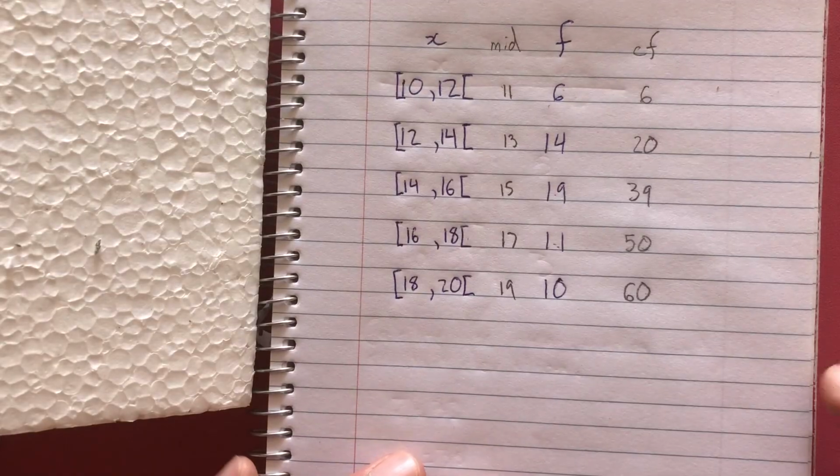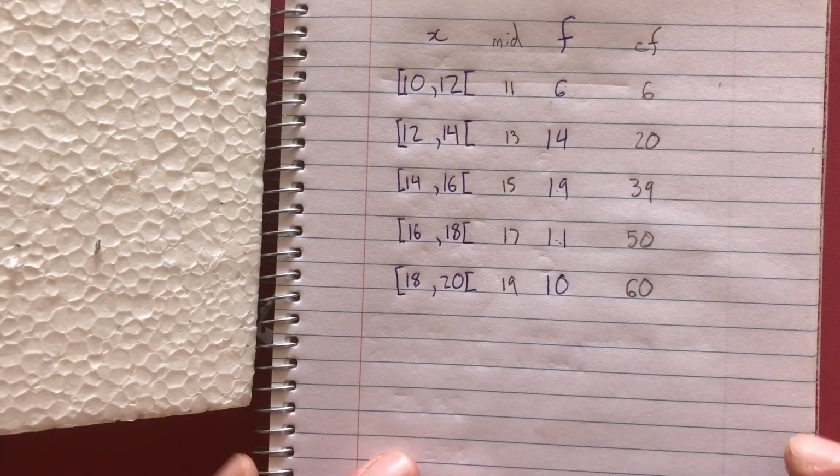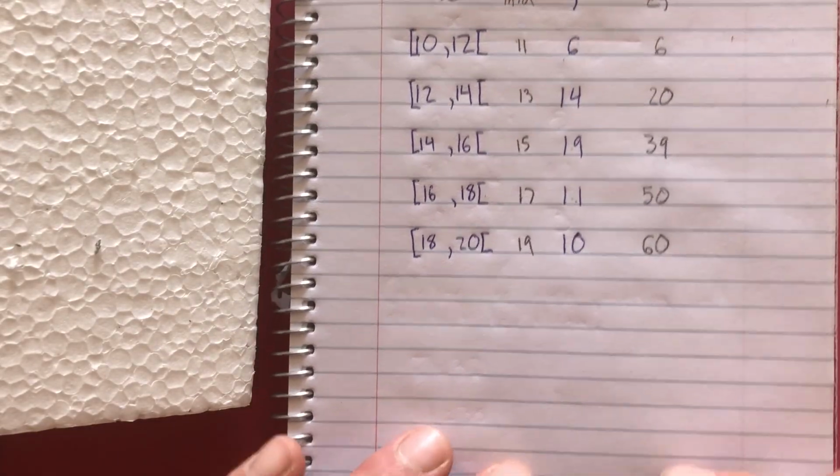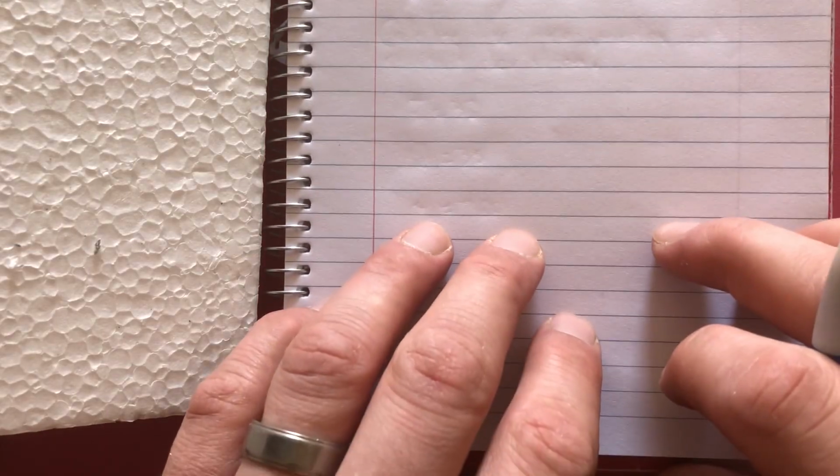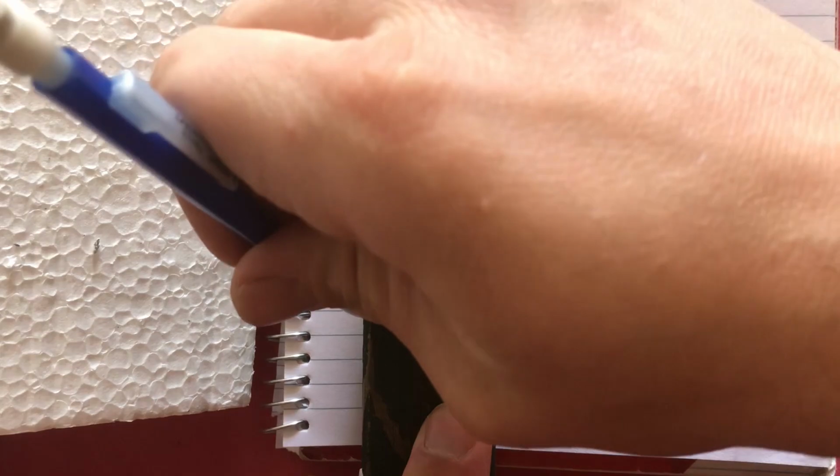So the second part is constructing a cumulative frequency diagram. So I'll just move this up slightly, and I'll start constructing my diagram. Now, I don't have a ruler, but fortunately, I always keep a good supply of stakes around. I'll draw myself an axis without knocking over my camera.